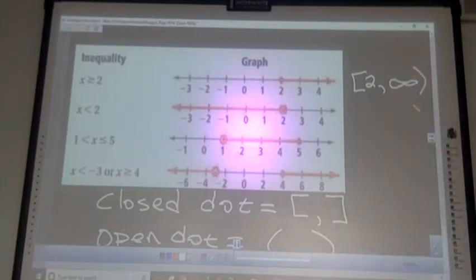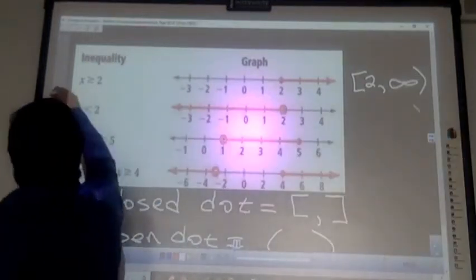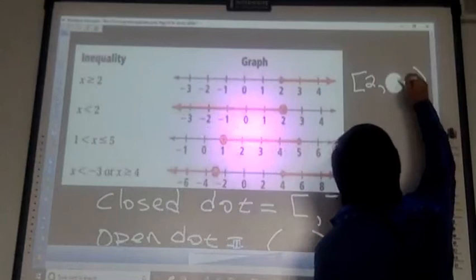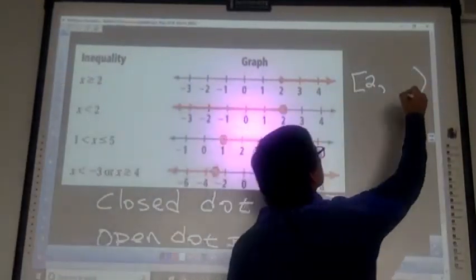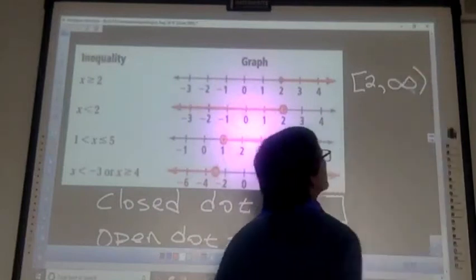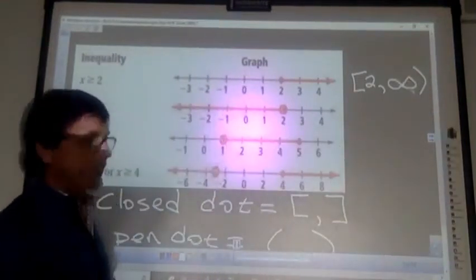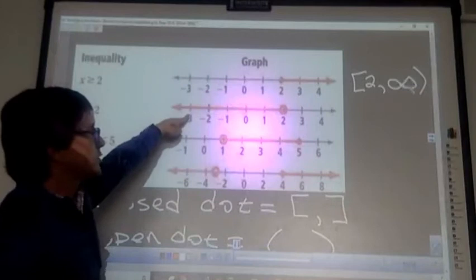And positive infinity always has a parenthesis. That infinity was not beautiful. Mildly better.